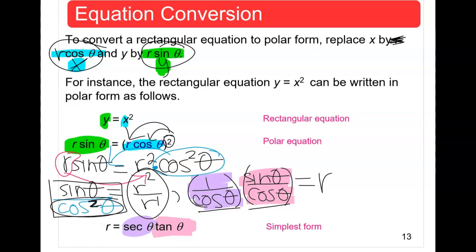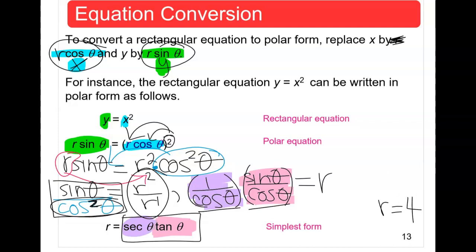So most of the time when we're working with rectangular equations, we want to leave them in terms of y so that we could graph them. In this case, we will leave them in terms of r. Sometimes they might be r equals an expression like that, but sometimes it could just be a number, r equals 4, for example.